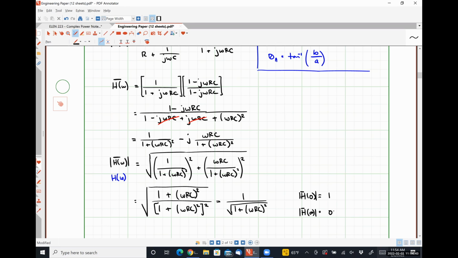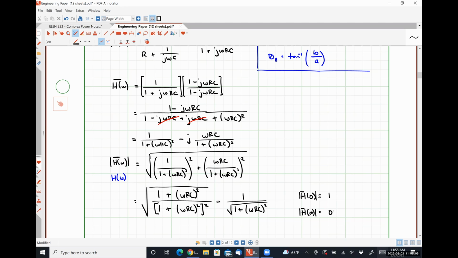All right. While we are at it, we can determine our corner frequency, okay? Corner frequency in a filter circuit is defined to be the frequency at which the signal loses half of its power.